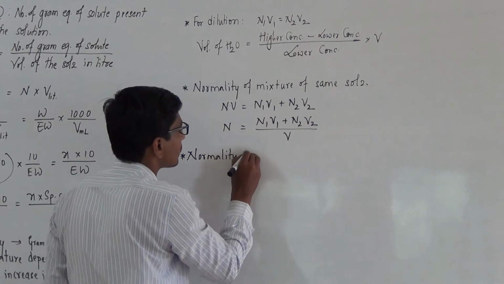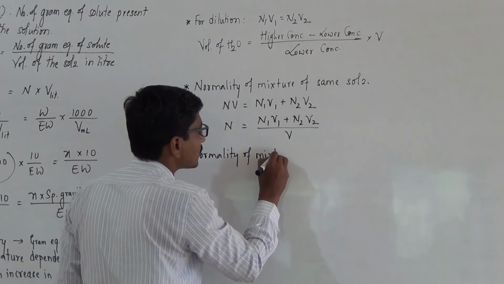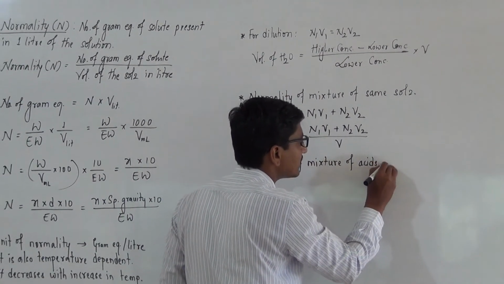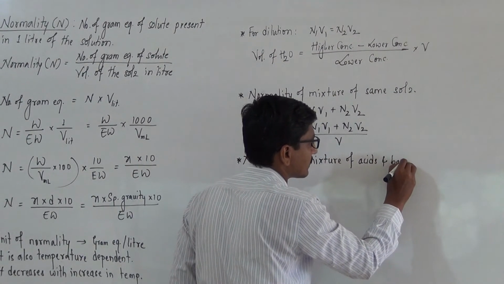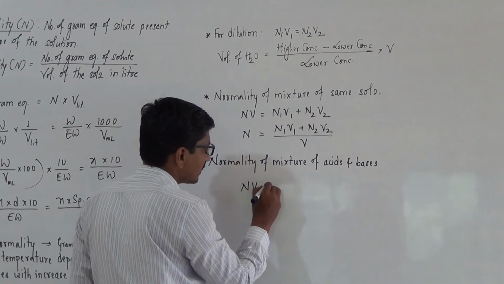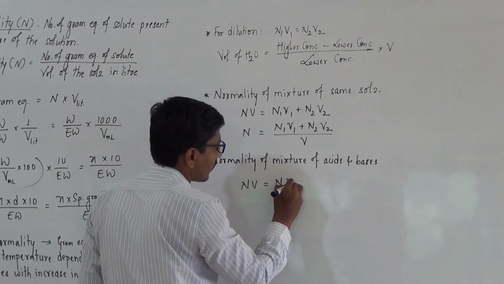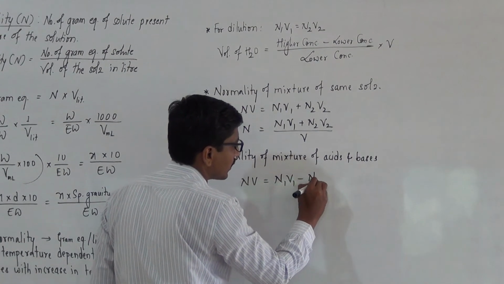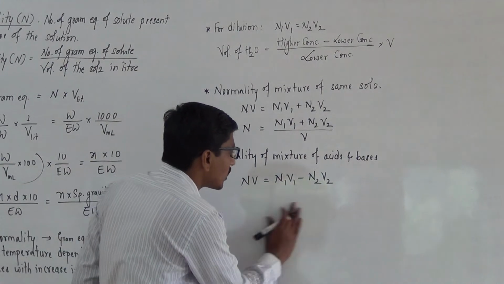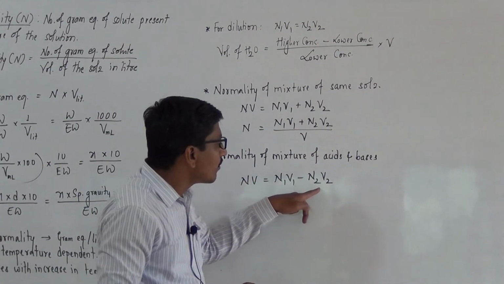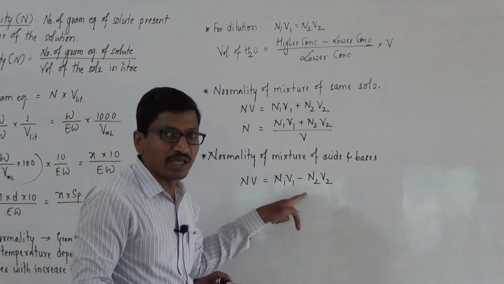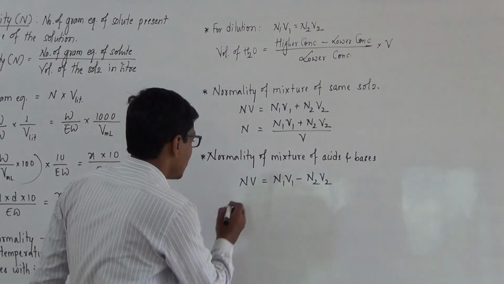Normality of a mixture of acids and bases is calculated by using NV is equal to N1 V1 minus N2 V2, or it is also represented NaVa minus NbVb. A represents acid, B represents base.